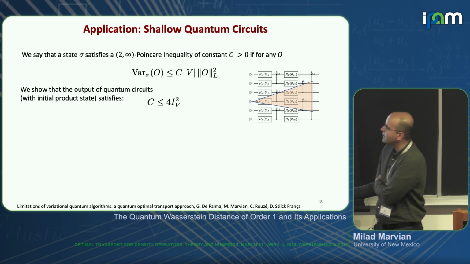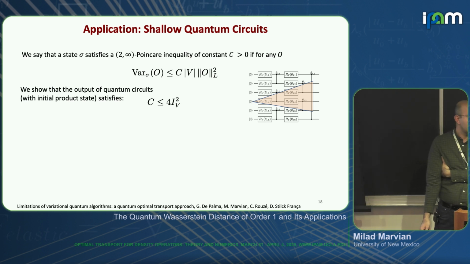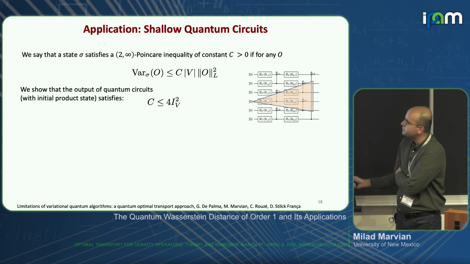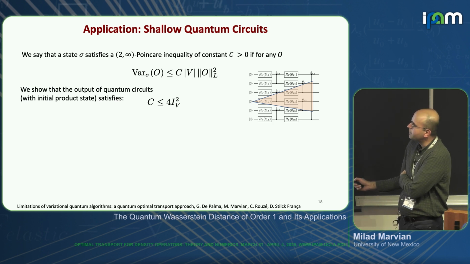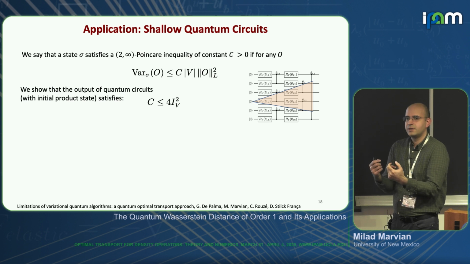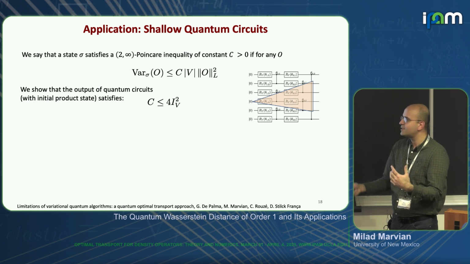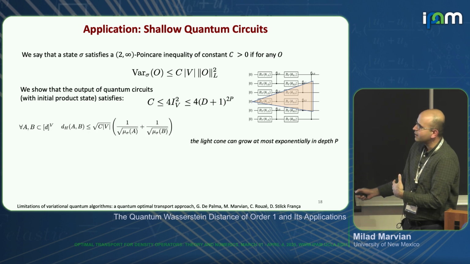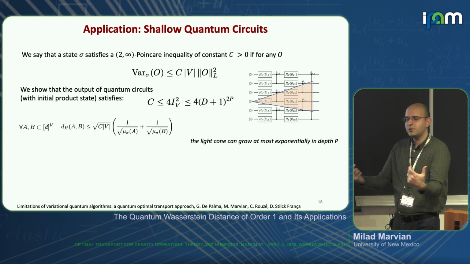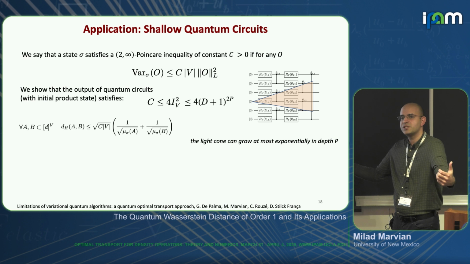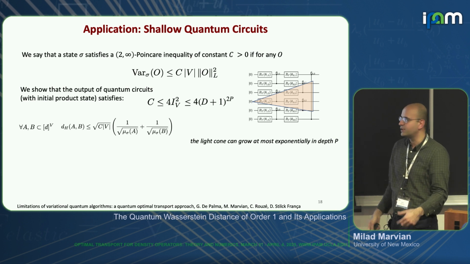So basically, we are saying that if you have a limited depth for your quantum circuit, the variance of the states and the distributions you can generate will be bounded, right? So that should give you an intuition that the probabilities that you can get cannot be too spread out with high probability, right? It's the opposite of what we wanted for that problem.